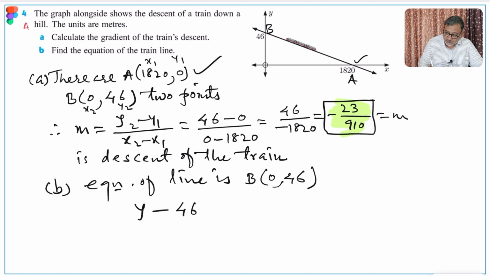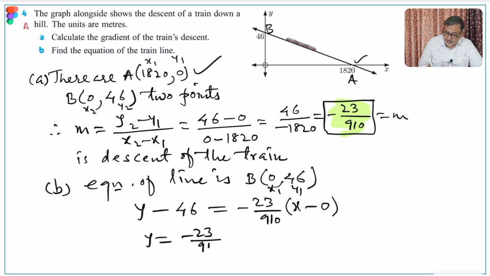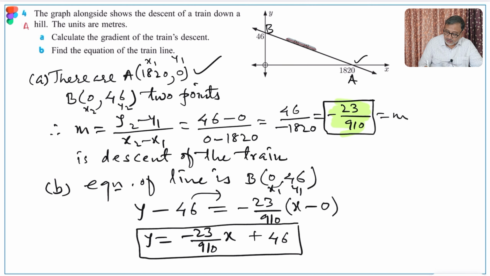So y minus 46 is equal to m. M is minus 23 by 910. X minus x1, 0. So x1 and y1 are this. So therefore y is equal to minus 23 by 910x, and this will go there, become plus 46, right? So this is the equation of train line. Okay.